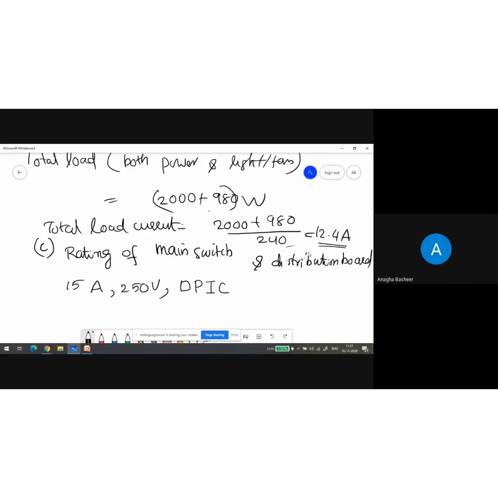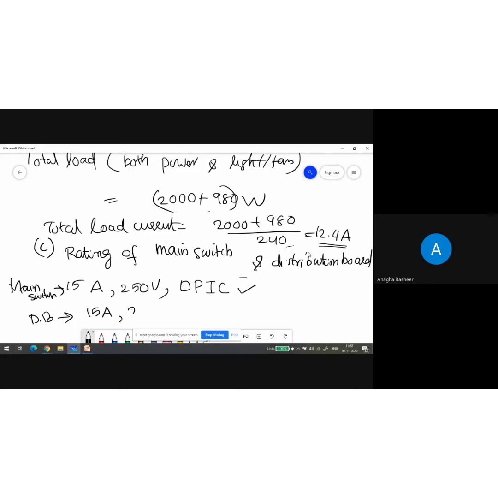That is, which is within this 15 ampere, we have now 12.4 amperes. So we can select this one. 240 volt is the voltage. So we can choose 15 ampere, 250 volt, double pole iron clad switch fuse as the main switch. Hope it is clear.